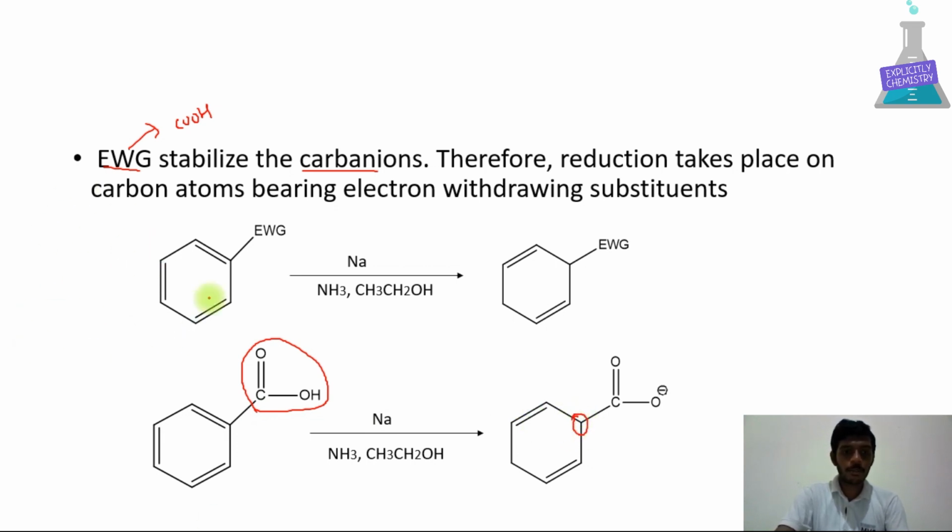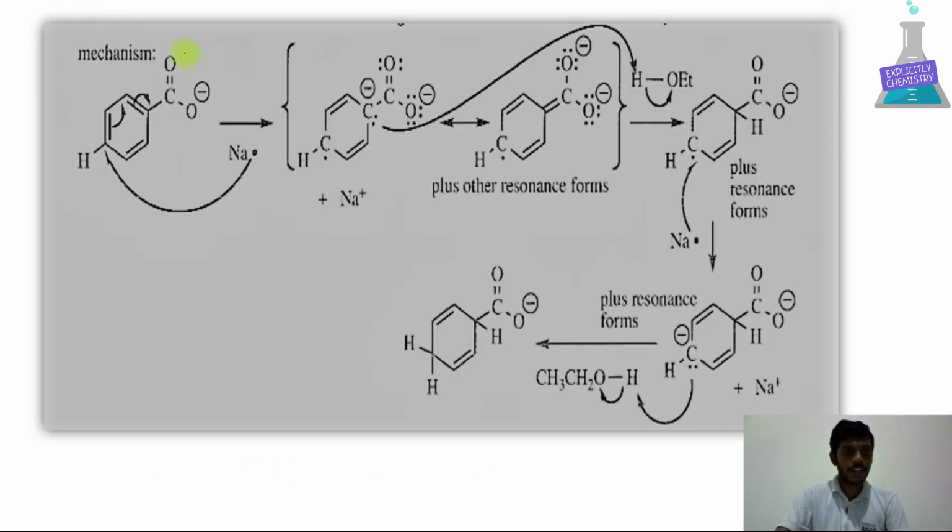We see the mechanism of this reaction. The electron withdrawing substituent is present here. First we add the solvated electron. The electron is added and the bonds migrate, forming this complex with negative charge formed here. The bond shifts, forming an intermediate.